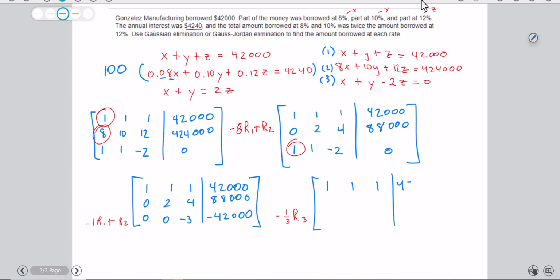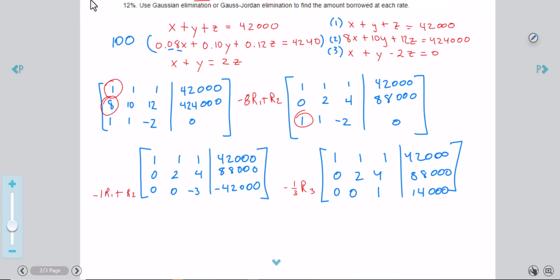Now from here, I can simply take the negative 1/3 of row 3, and I will leave row 1 alone, 42,000. Leave row 2 alone, 88,000. And then this becomes 1 and 14,000. All right, now I'm going to do another step to get row 2 looking a little bit better.